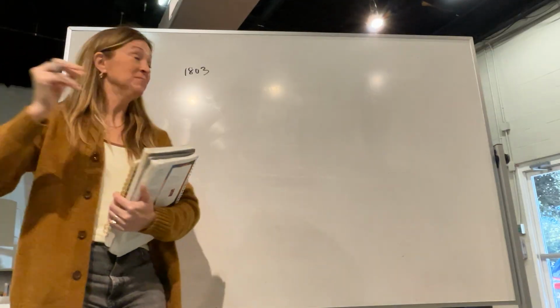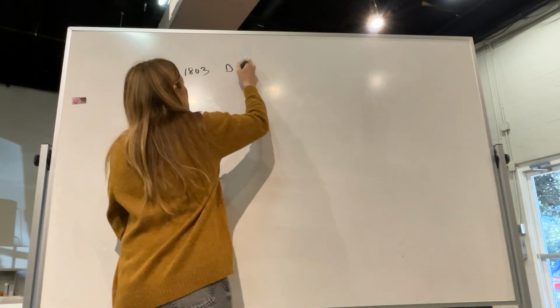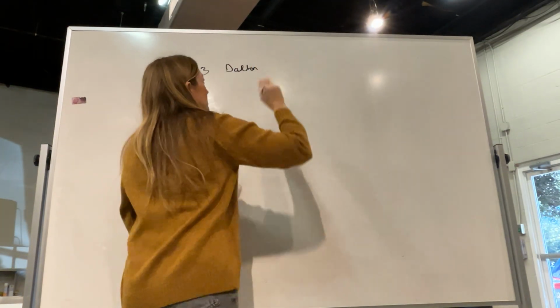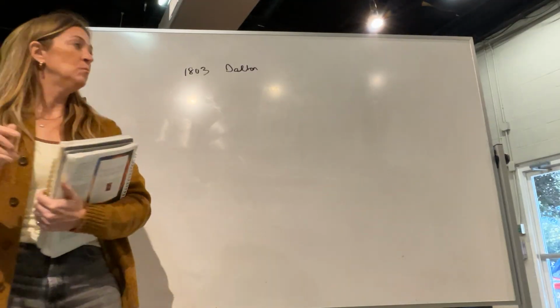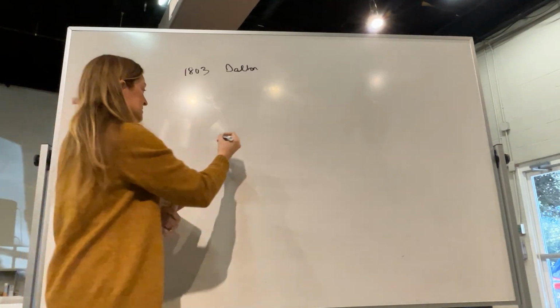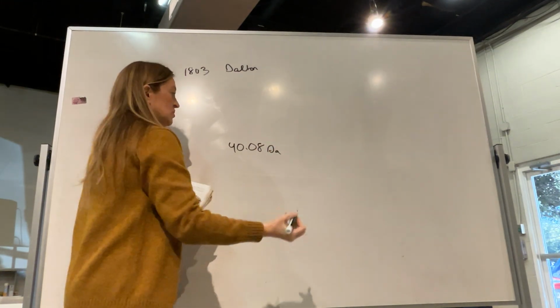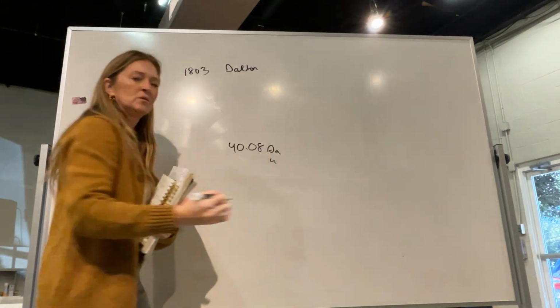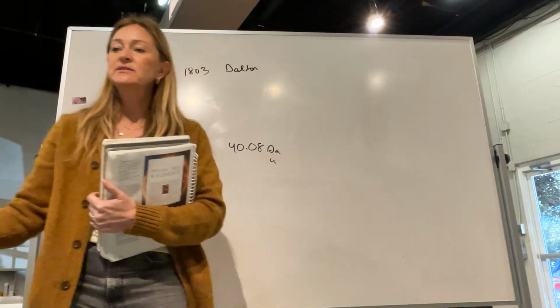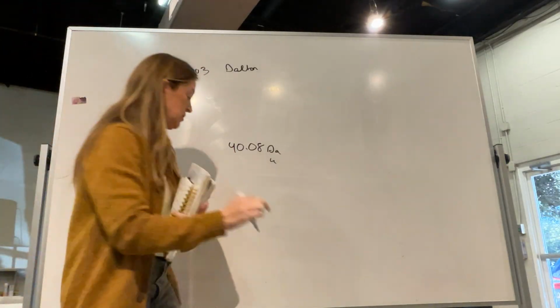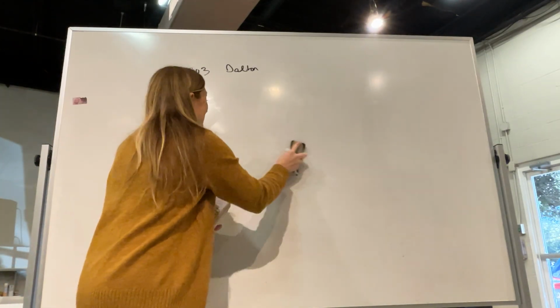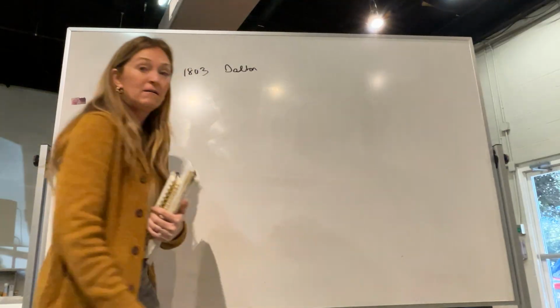John Dalton? Dalton. Remember, you might see the atomic mass as Da for Dalton, or you might see it as u for his standardized unit, but that's a unit of measurement for the atomic mass unit, okay? So in 1803, what was that?